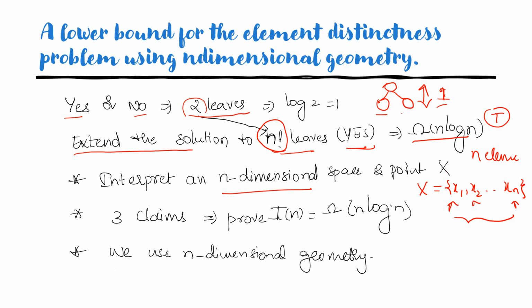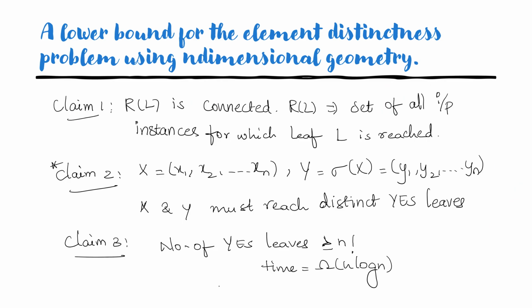From this I am going to make 3 claims and prove that the T of n required for the element distinctness problem will be at least n log n. So here we will be using n-dimensional geometry. These are the 3 claims which I'll be using to prove that we need at least n log n time. So the first claim will be this one.